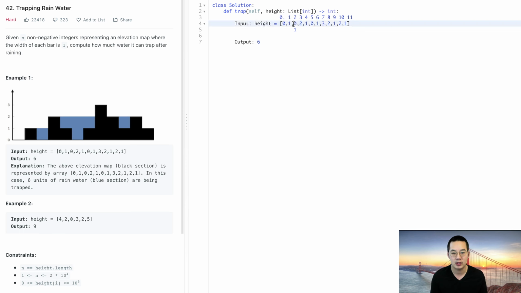Now, let's take a look at this other spot, 1. The reason why this 1 spot can retain 1 box of water is because it is between 2 and 3, a minimum of 2 and a maximum of 3. Between those, we have a height of 1, and so it will be 2 minus 1.